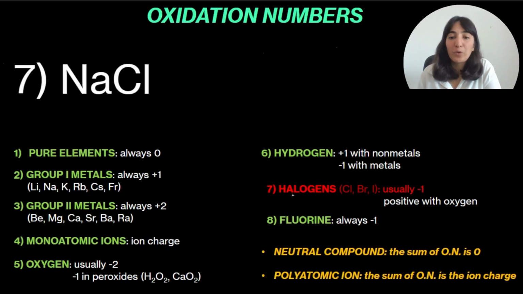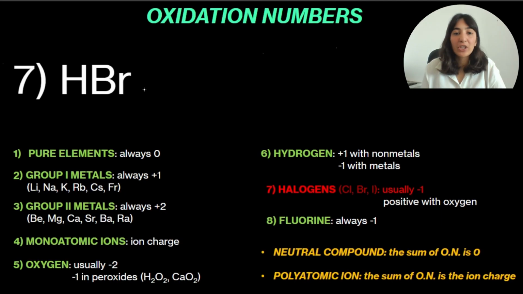And now we have moved to halogens: chlorine, bromine, iodine. Their oxidation number is usually -1, but it becomes positive with oxygen. In this case, we do not have oxygen. This means that the oxidation number for chlorine is -1. And if you remember, for group 1 metals like sodium, the oxidation number is always +1 when they are in a compound.